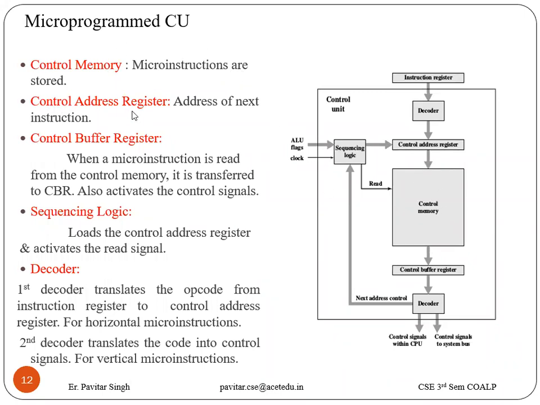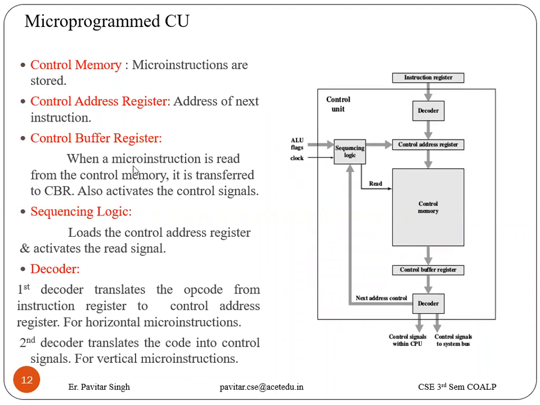Then we have control address register, address of next instruction. After reading the first instruction from the instruction register, control address register will be serving the purpose of address of next instruction, right? So the control address register will be taking the address of next instruction from the sequencing logic, right?